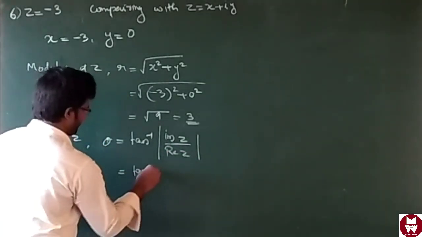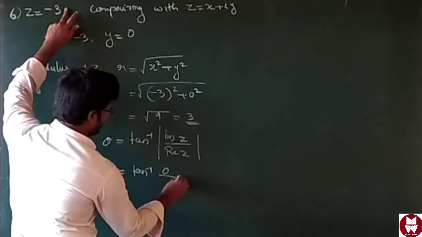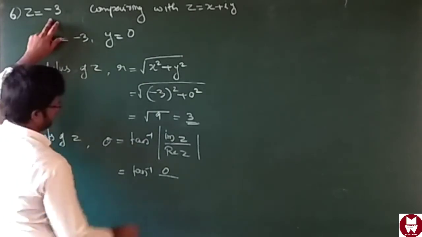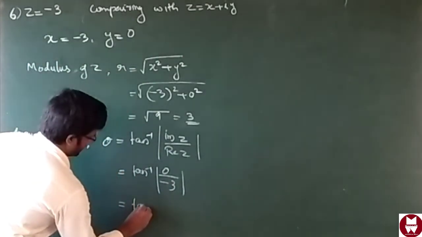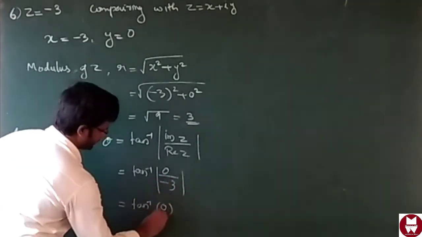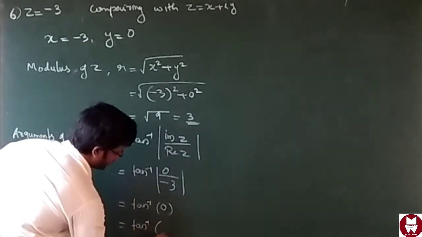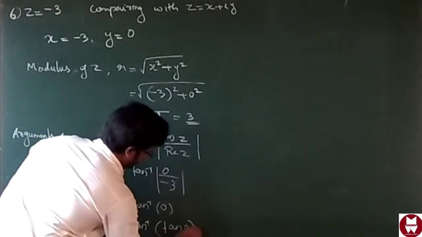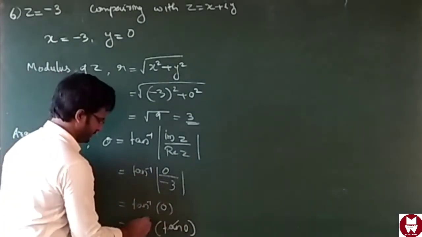Tan inverse, the imaginary part here is 0 only, 0 divided by the real part, which is minus 3. Tan inverse of 0 divided by minus 3, that will be 0, equal to tan inverse tan 0. In place of 0 we can write tan 0. Tan 0 is 0 only. Cut it.